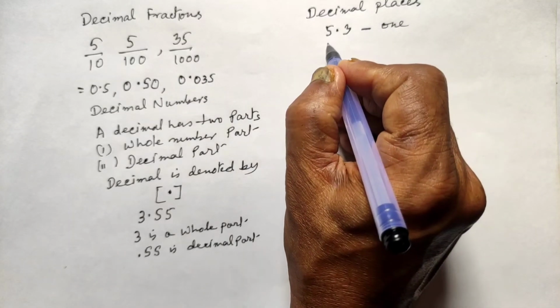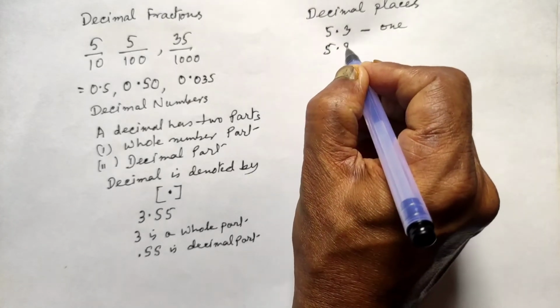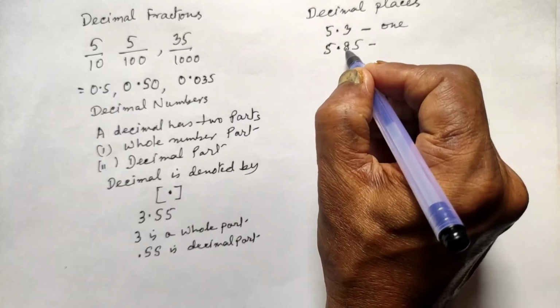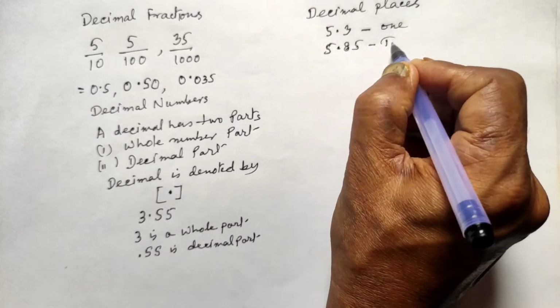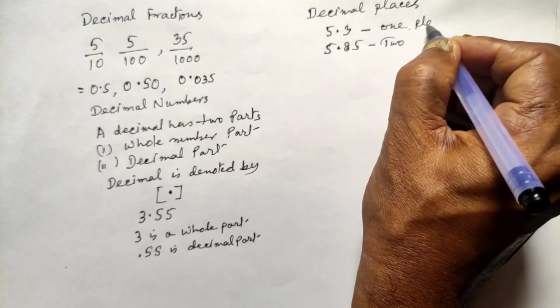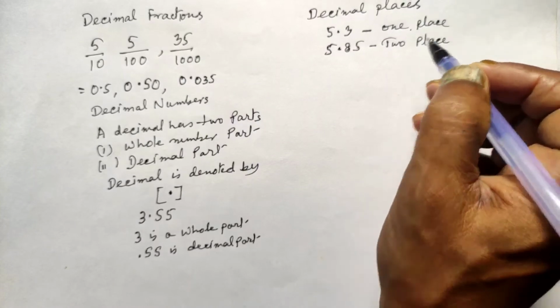And then again when I write 5.85, after the decimal we see 2 places, 1 and 2. This is 1 place, this is 2 places after the decimal on the right hand side.